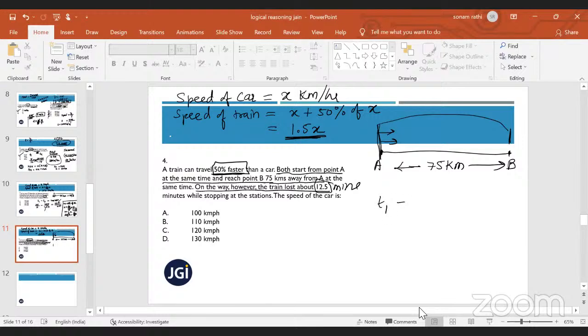So T1 minus T2 should be 12.5. Correct? What is time 1? Time 1 is the time taken by car. T2 is time taken by train.